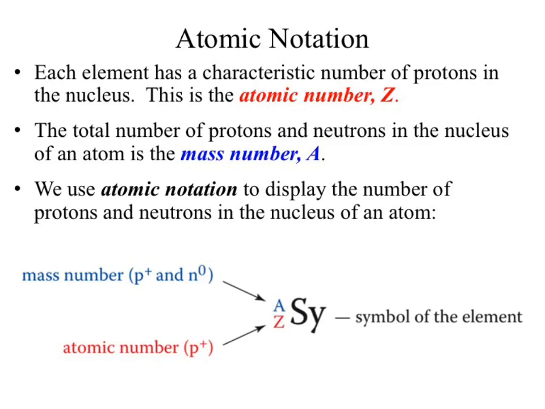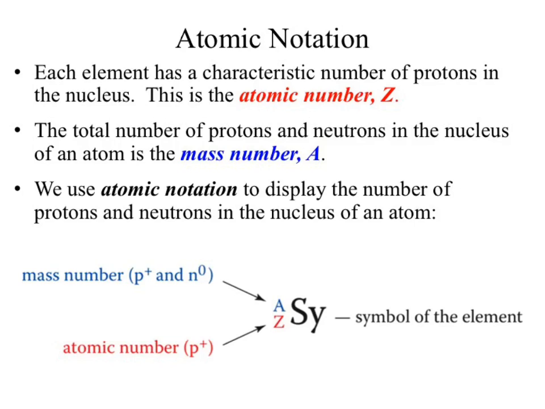The next part is specifying our protons and neutrons in some fashion or another. The protons we'll define as the atomic number. The protons will get written in the lower left-hand corner of our symbol, where they belong. How would I specify the neutrons?